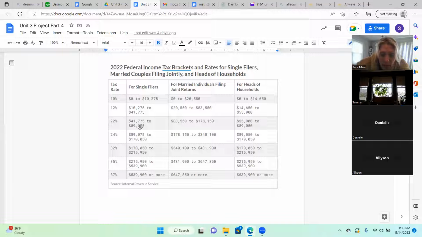And then she's going to pay 22% on the itty bitty that fell into that third category. So 22% of 42,000 minus the top of the previous category, which is 41,775.